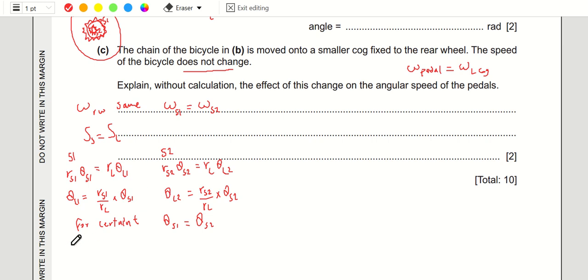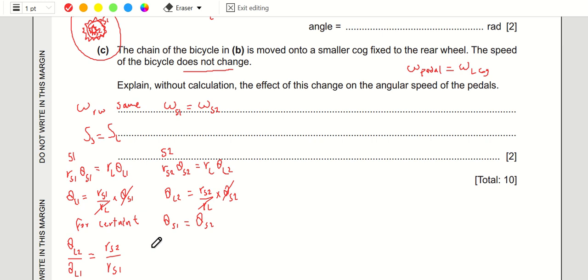So when we do a ratio between theta L2 over theta L1, we can remove theta S1 and theta S2, and also R L with R L, to have only R S2 over R S1.